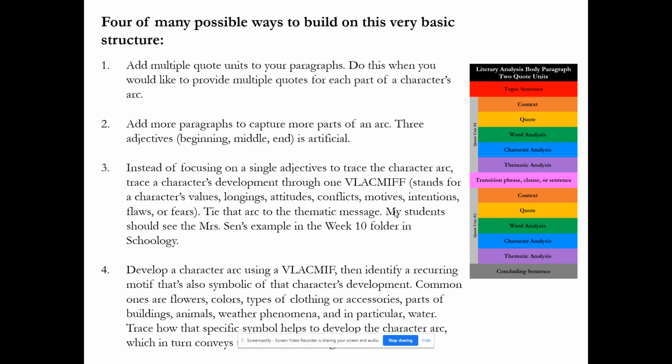So it goes from water motif to longing to thematic message. That's almost like a college level literary analysis essay at that point. Or like an AP Lit final or something. So really difficult, really challenging, big paper. We're talking 5 to 10 pages, but very, very satisfying to write.